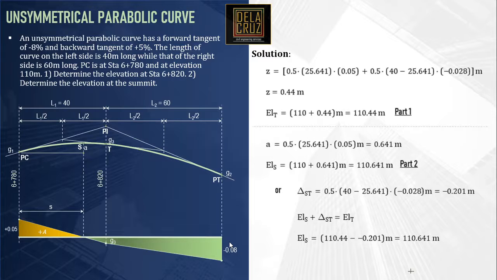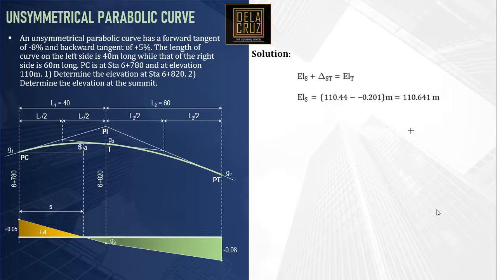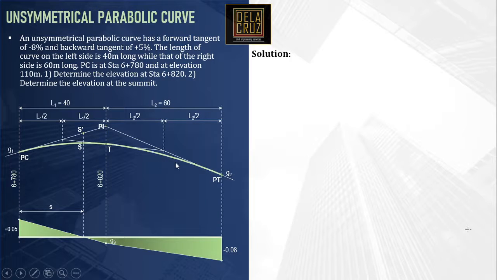Okay, so this is using the grade diagram approach. Now we can have the conventional formula, derived formula to calculate the difference in elevation. The only formula we need to memorize is the value of the vertical distance from PI to the curve.